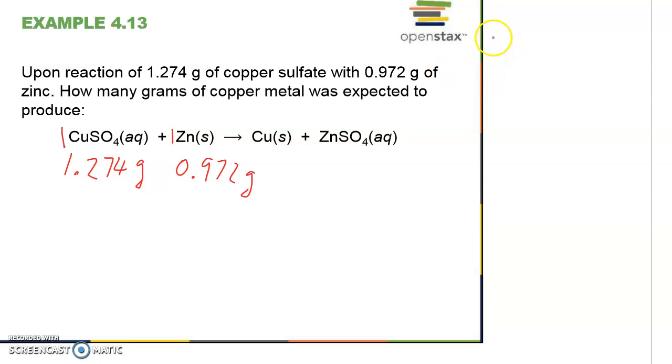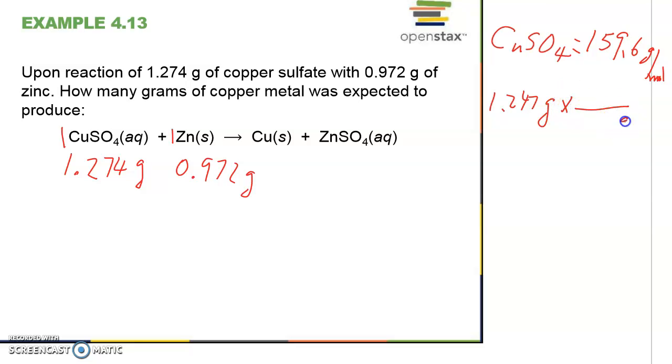Copper sulfate, CuSO4, has a molecular weight of 159.62 grams per mole. By now you should be able to calculate molecular weight, molecular mass, or formula mass. So if I have 1.274 grams, we need to cancel out the gram, so gram goes in the bottom, 159.6 grams per mole.